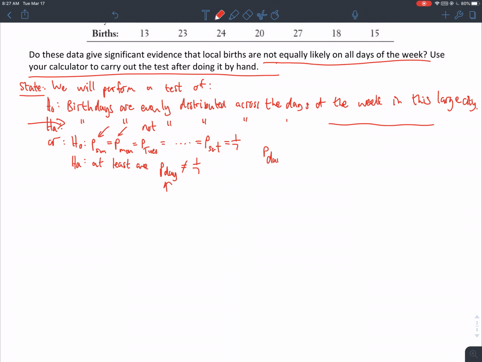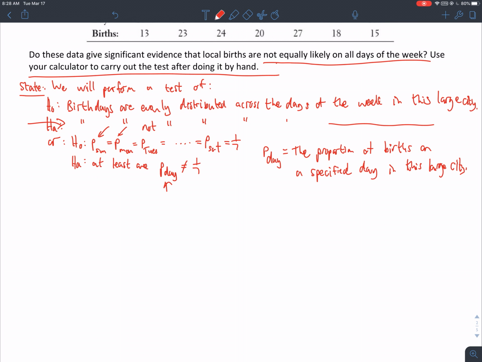So where P sub day is the proportion of births on the specified day in this large city. So you can do whatever you want with that.